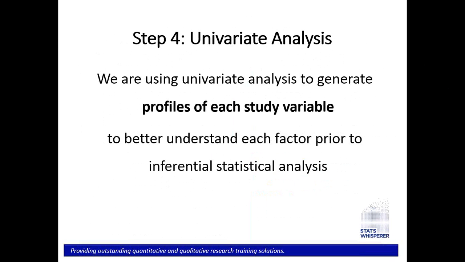You could say we're using univariate analysis to generate a profile of each study variable to understand each factor prior to inferential analysis. Because like we said earlier, once we get to inferential analysis, we can't see the characteristics of each variable. We see the relationship between variables. So this is our chance to see that dimension.